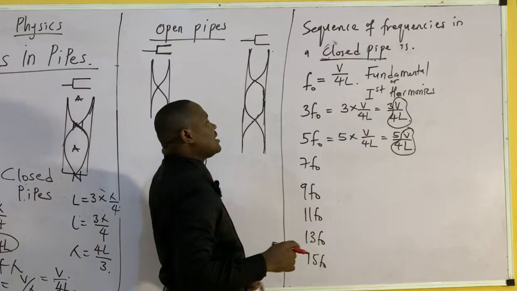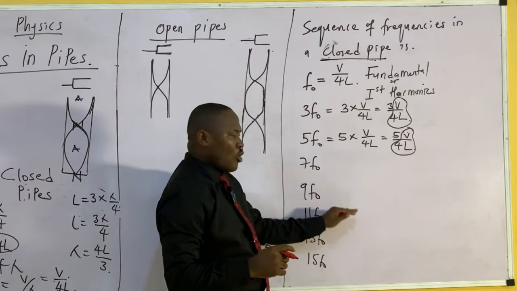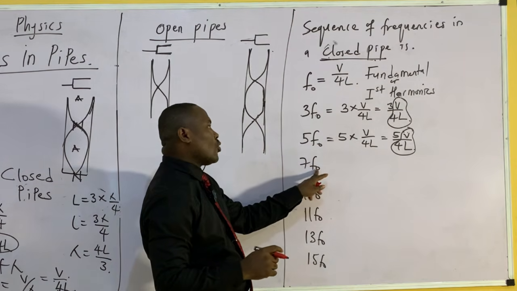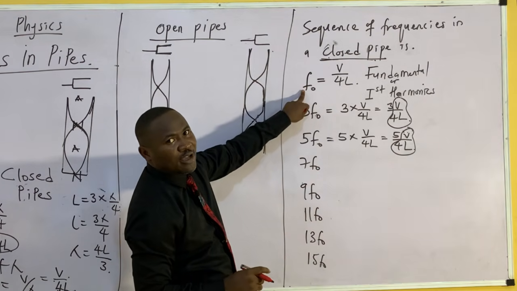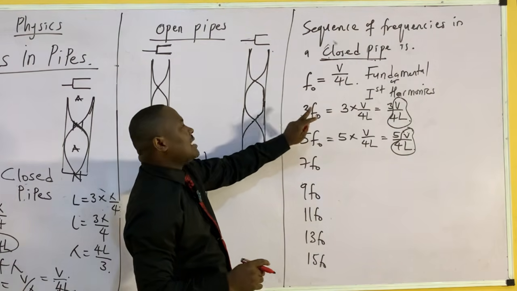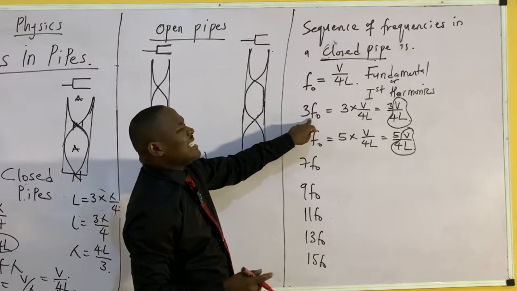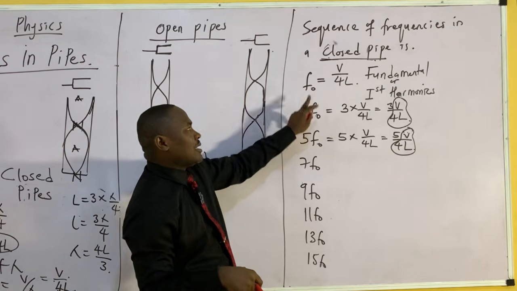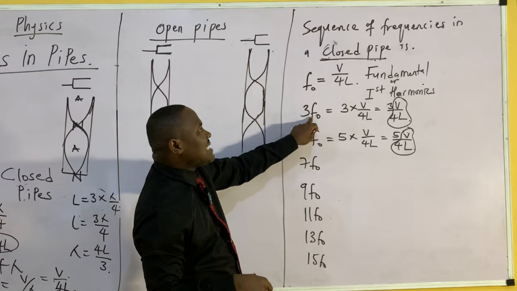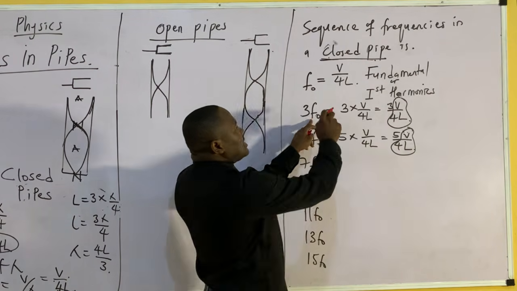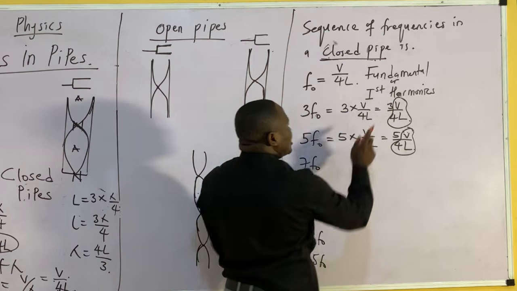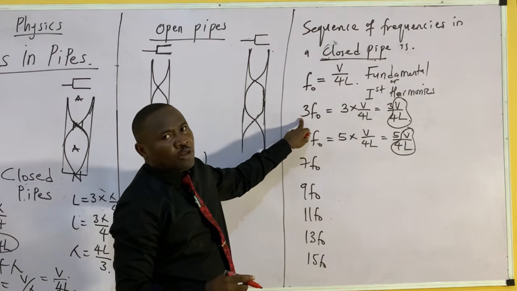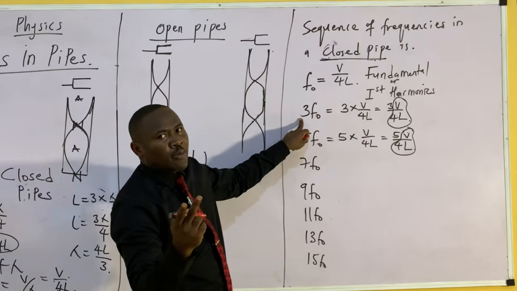That's how I could do it for all of them because I already know what F naught is equal to. So this is the first vibration in a closed pipe, and this is the next vibration after this. This next vibration is not called the second harmonics, it's called the third harmonics.